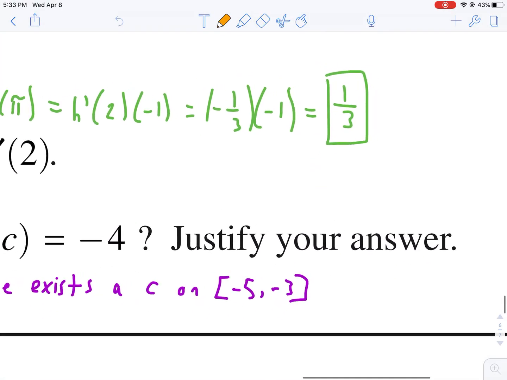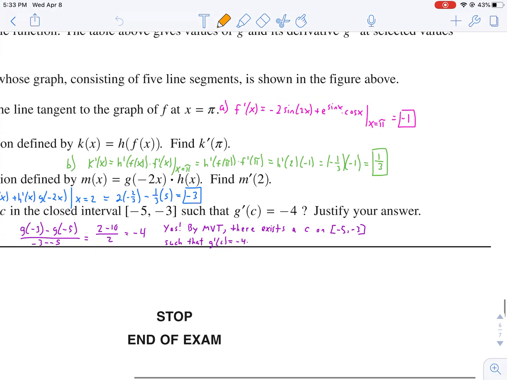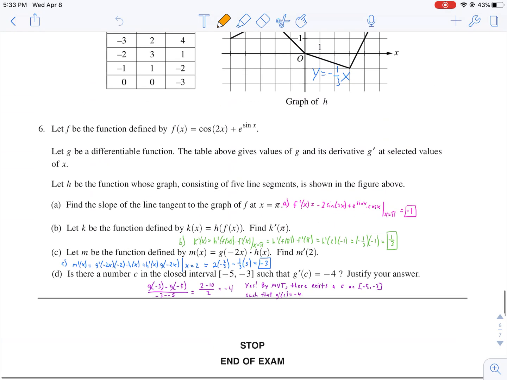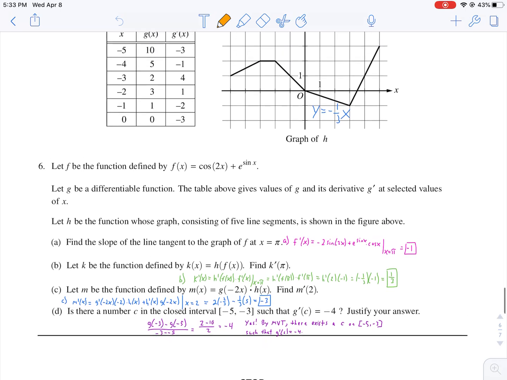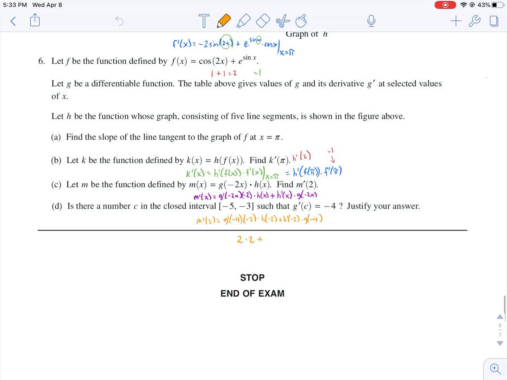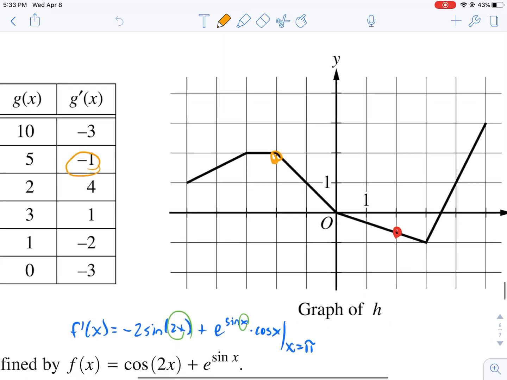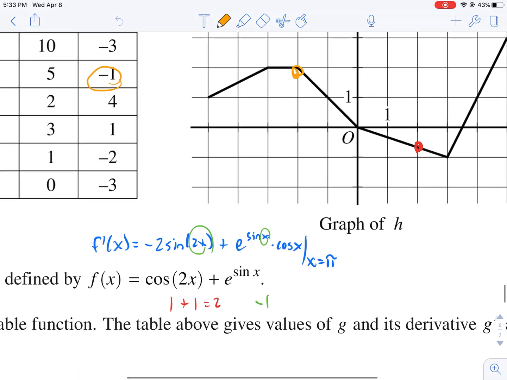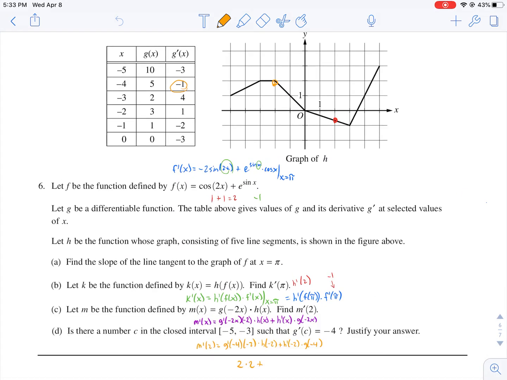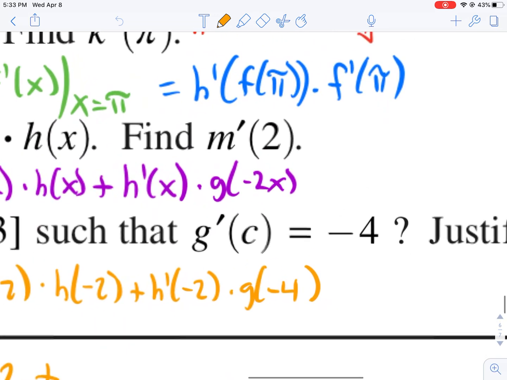Let me make sure I did that right. I think it should be h prime of 2, because I hesitated since h prime of -2 doesn't exist because it's a corner. So I think I made a mistake right here. Oh yeah, I just plugged in -2 instead of 2. Whoopsies. All right, so that makes more sense.